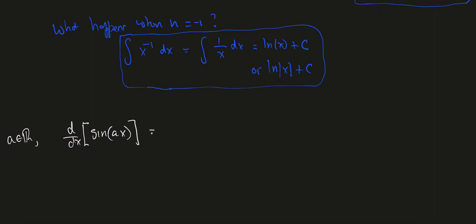I am going to apply the chain rule here, and that will give me a cosine of ax. So then let's do the same trick. If I assume that a is not equal to 0, I'm going to divide both sides by a.